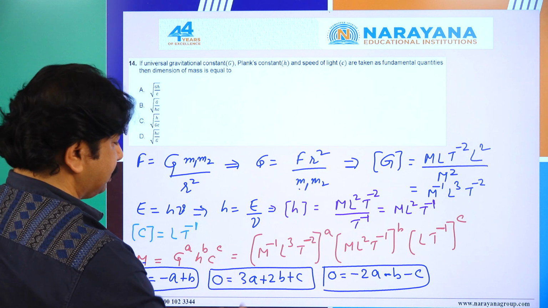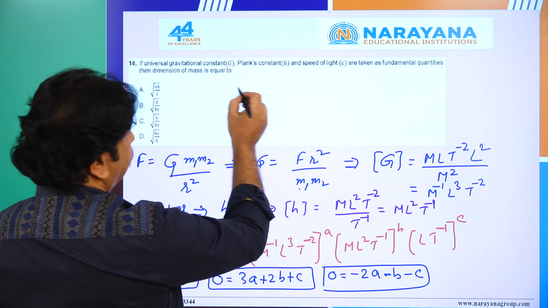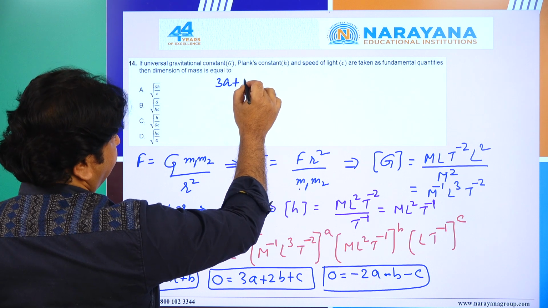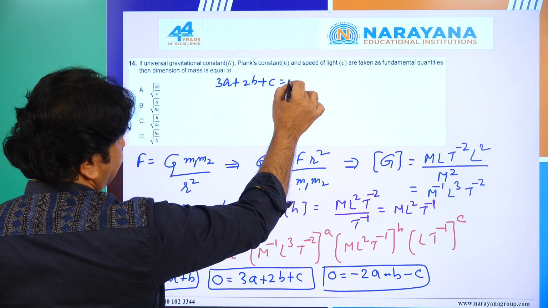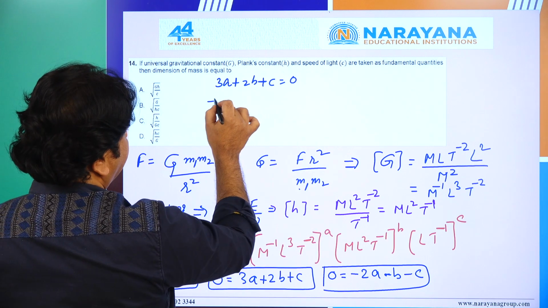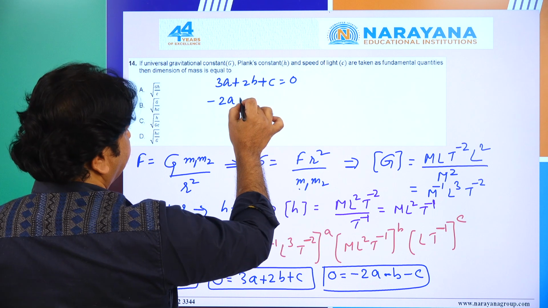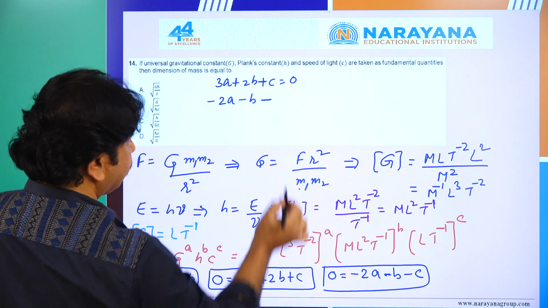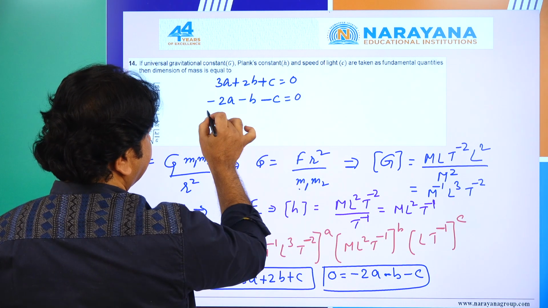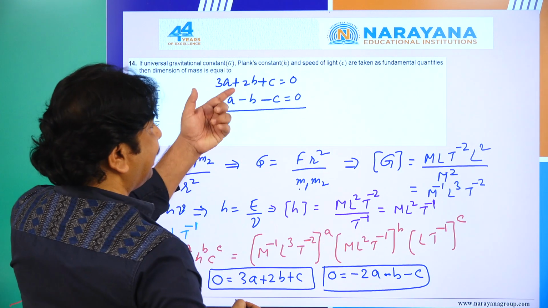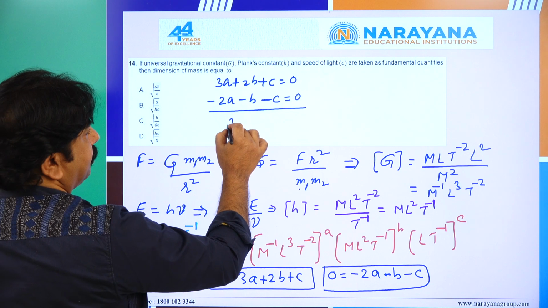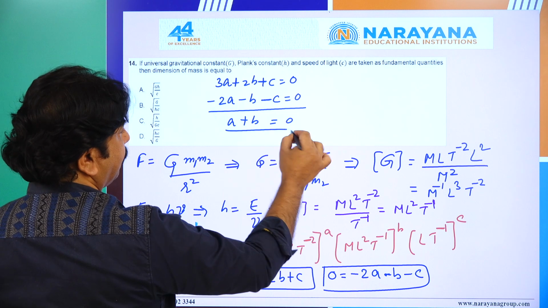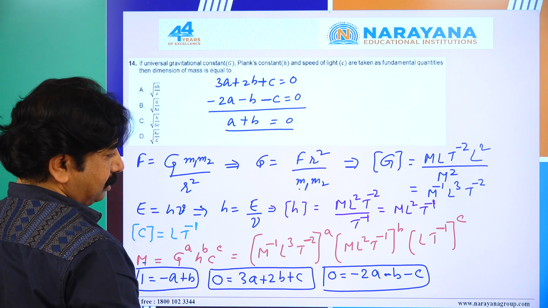So second equation, third equation: 3a plus 2b plus c is equal to 0, and minus 2a minus b minus c is equal to 0. Adding these two, we get a plus b is equal to 0 from the second and third.